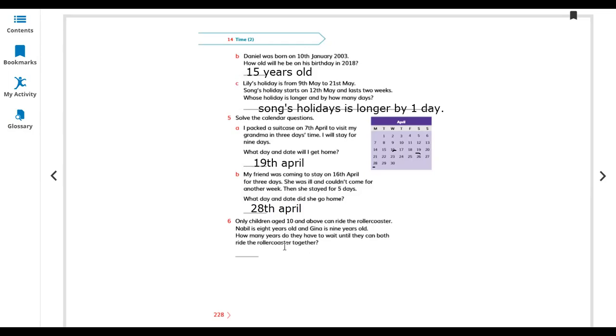What will we write here? So this one, 8 years old, for him 2, and Gina 1. So we can write here 2 years.